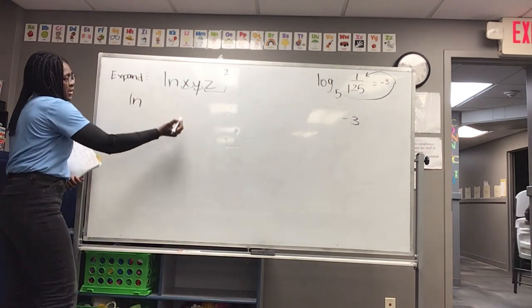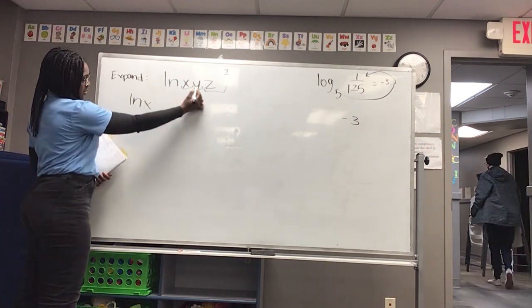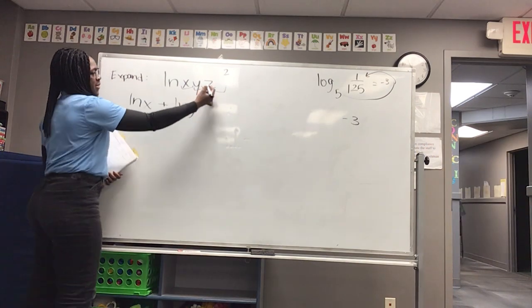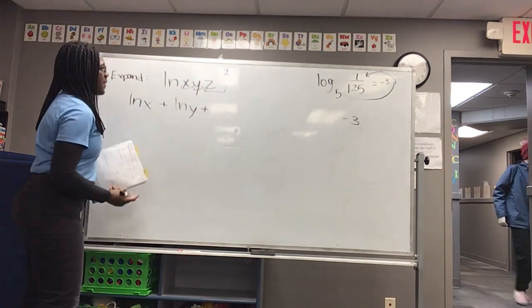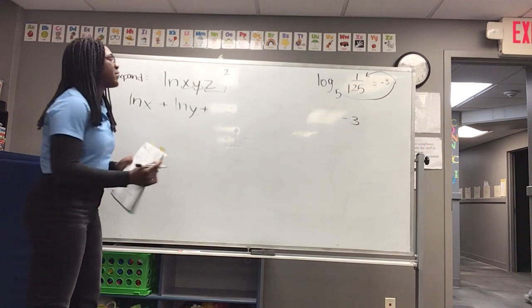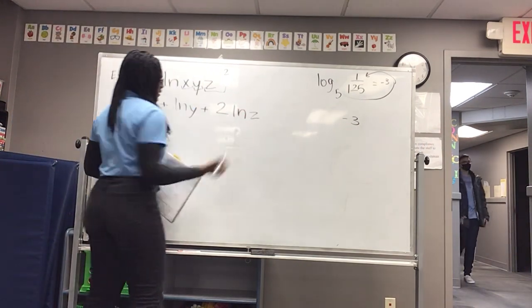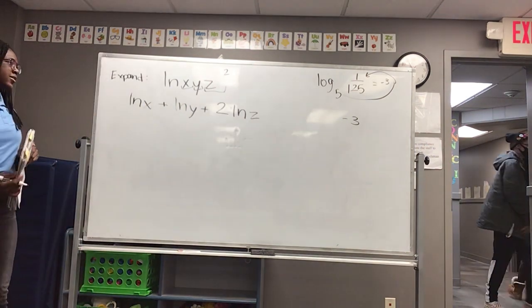So if I expand it, natural log x, we're multiplying, so that becomes a plus. Natural log y, again, multiplication. And then I notice there's an exponent with my z, so I'm going to bring that out front. I got 2 natural log z. So that'll be my answer.